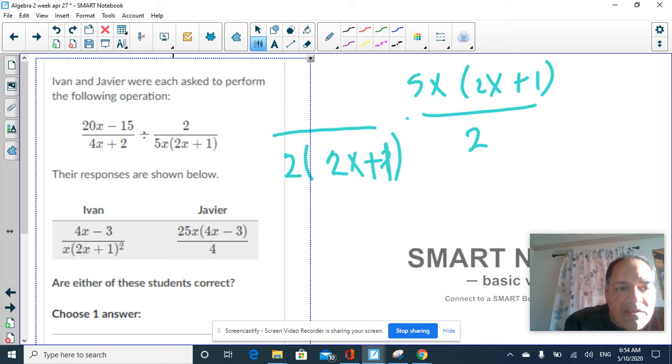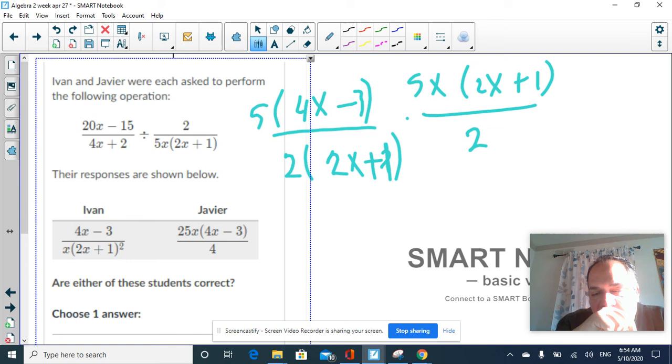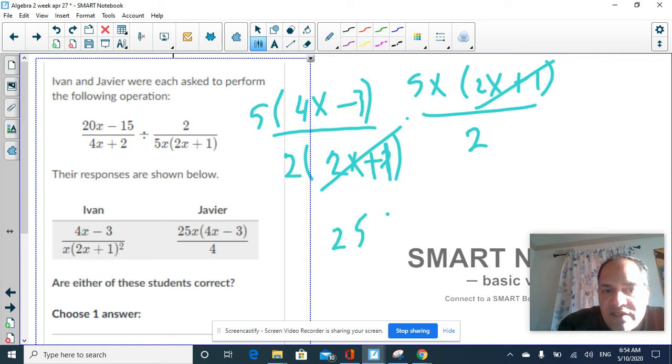And here, if we take out 5, it's 4x minus 3. Now, are we able to simplify something? Yes, we can cancel out this. So we have 5 times 5 is 25x multiplied by (4x minus 3) over just 4.